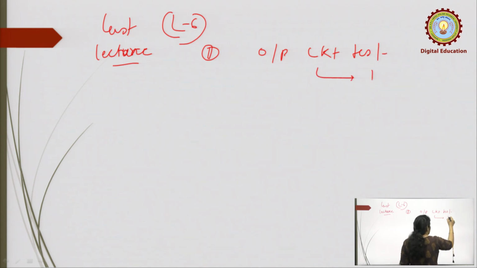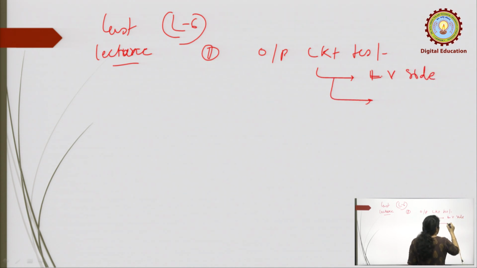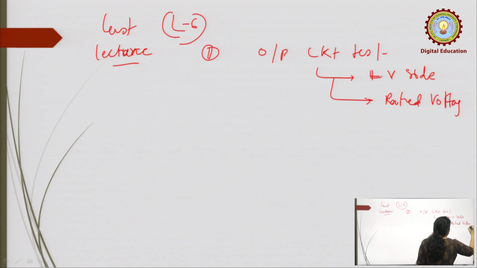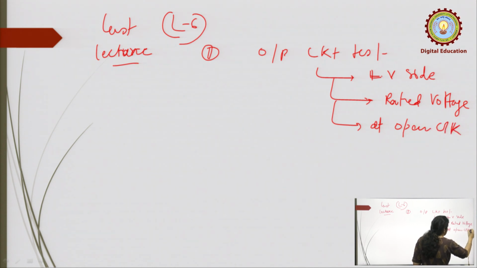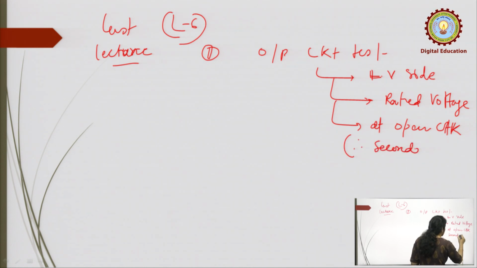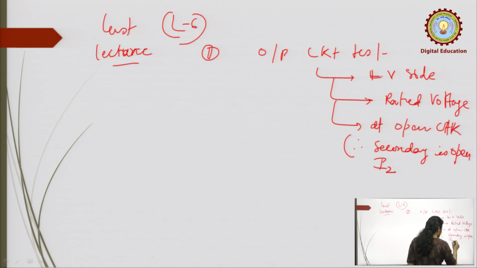It is performed at the low voltage side, at the rated voltage, and at no load, that is, the secondary is open, or you can say the no load current I2 is 0.